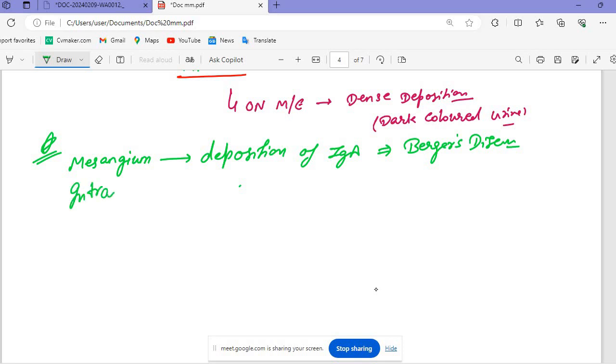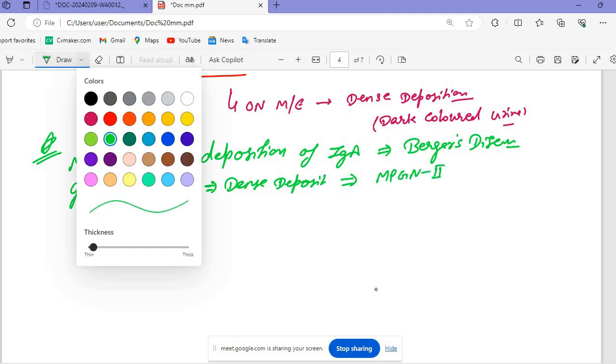Intramembranous, or we can say a dense deposit, is seen in case of MPGN2.